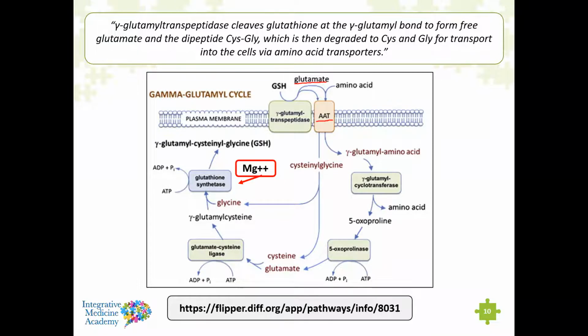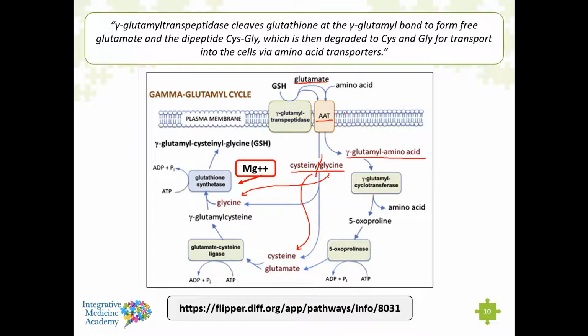And so we enter the cell as cysteine-glycine and basically a glutamate combination here. It's interesting that the cysteine-glycine gets split apart, and the glycine goes off in its own direction, and the cysteine goes off in its own direction.